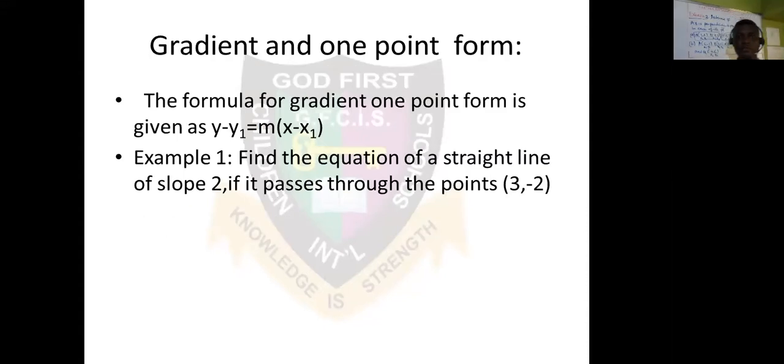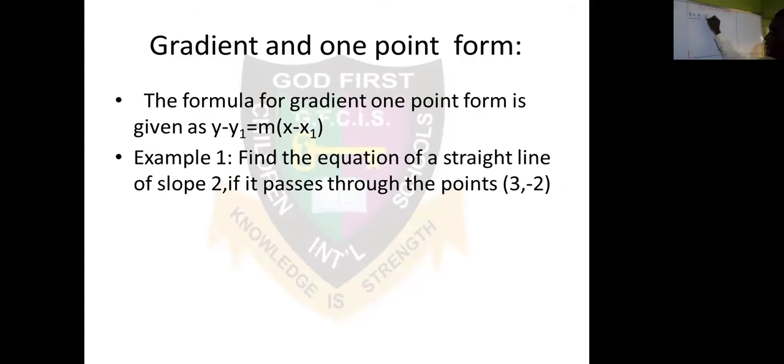Okay, the next subtopic is the gradient and one point form. So we'll just go straight into an example. Example 4.